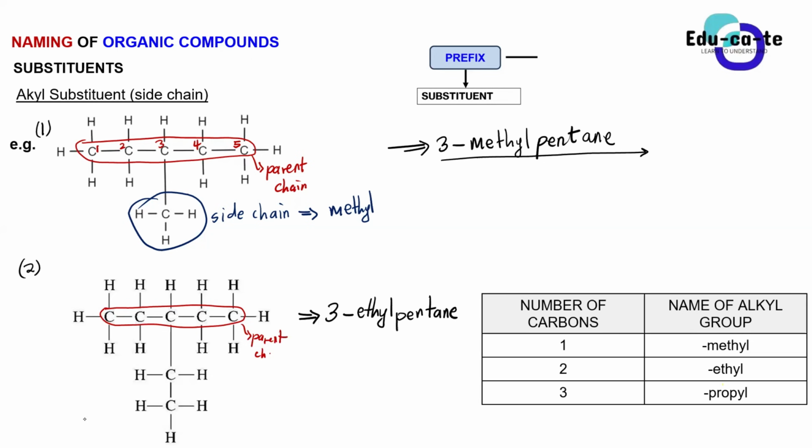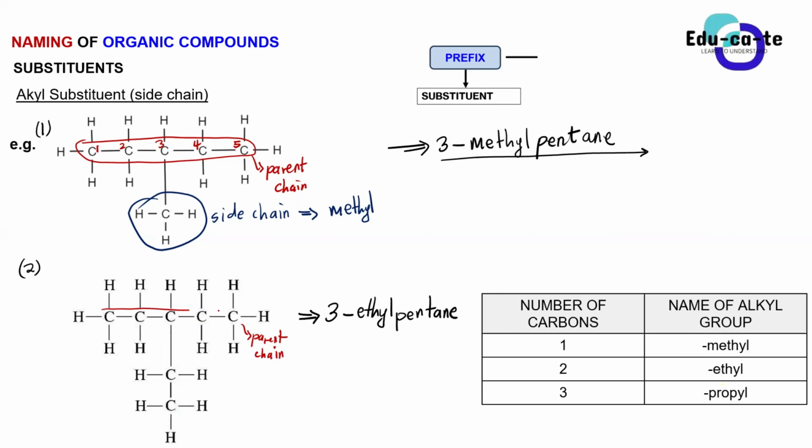If you highlight it in this way, you will still have the side chain. It will still be the same thing. So you can either highlight it in a straight way or in this way, as long as your parent chain has got the most carbons in it, and the rest will be the side chains. In this case, it's neater for us to just highlight it as a straight chain. So this is our straight chain, our parent chain.